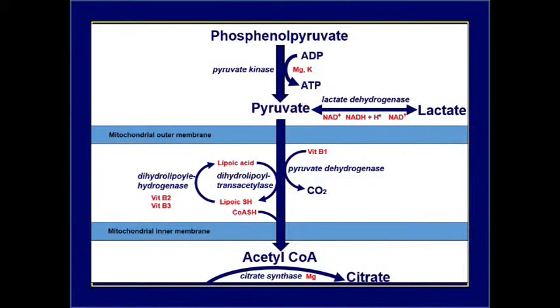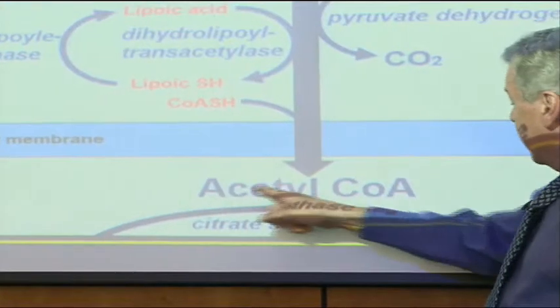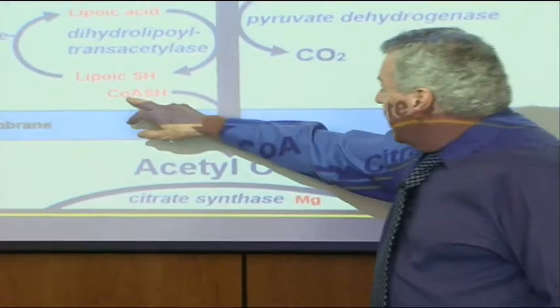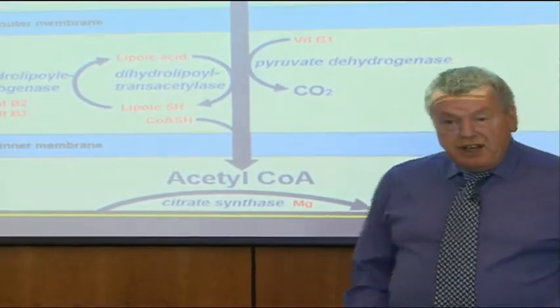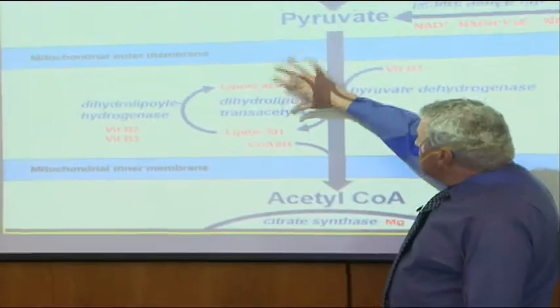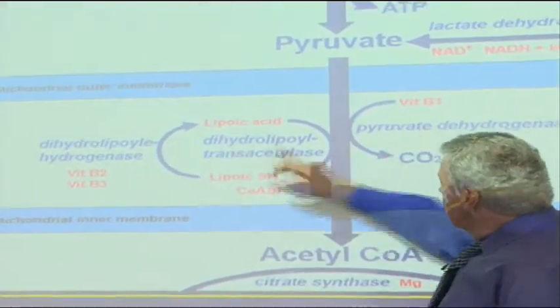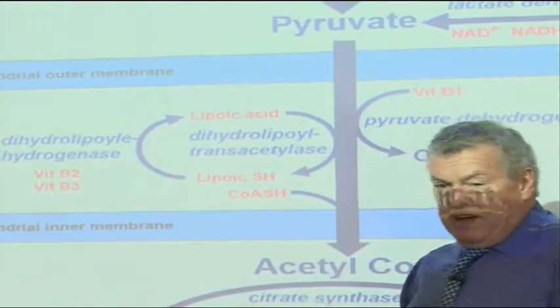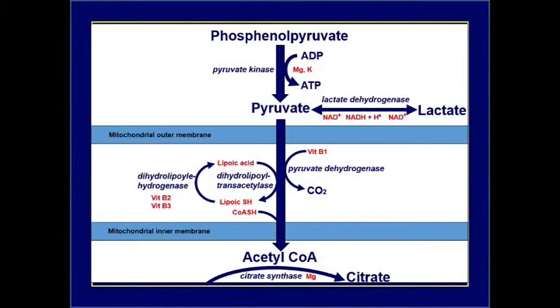Now the final part is putting this onto CoA, which is the active form of vitamin B5. So the CoA comes in here, and then this makes acetyl-CoA. And CoA is the active form of vitamin B5, or pantothenic acid. So now, just in this little part between the mitochondrial membranes, we've got B1, B2, B3, and B5. Which is why, as I said, if in doubt, use B complex, because you've got everything in there.